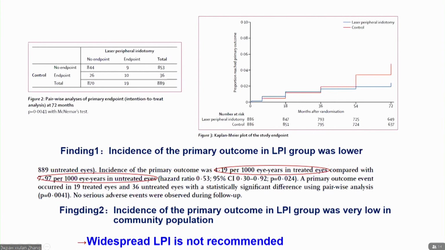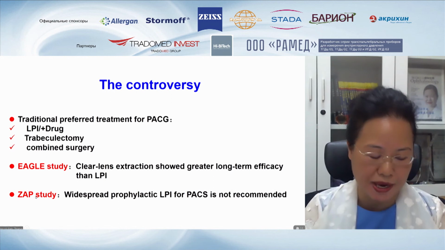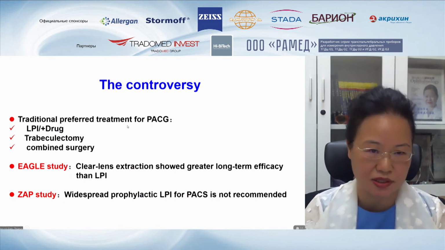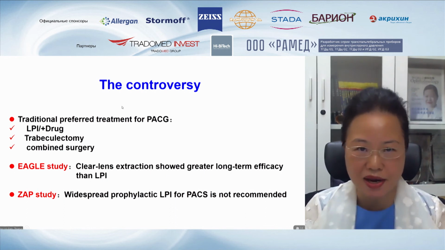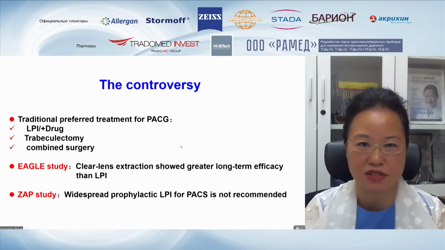So they conclude widespread LPI is not recommended. So two papers raised questions to challenge the traditional preferred treatment for PACG: LPI, trabeculectomy, or combined surgery. However, in my eyes, the controversy could always drive the development of academic research.